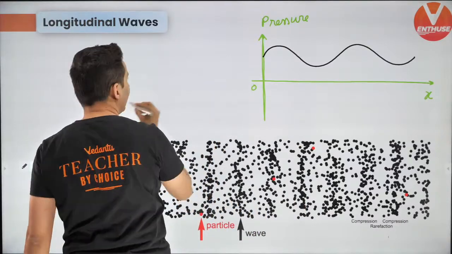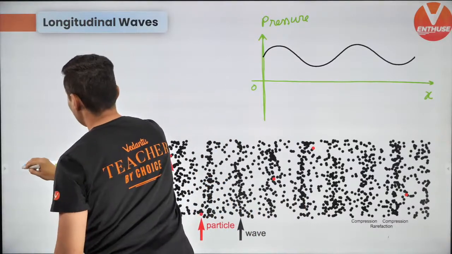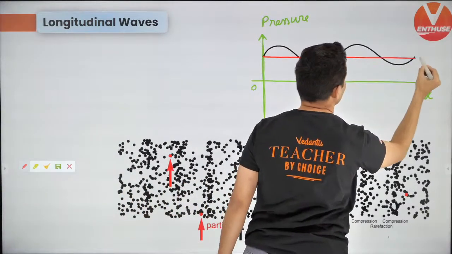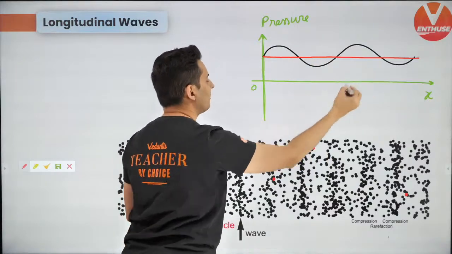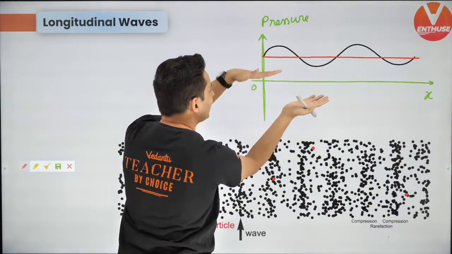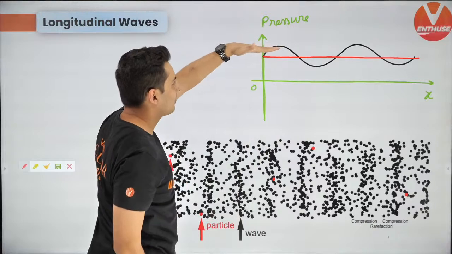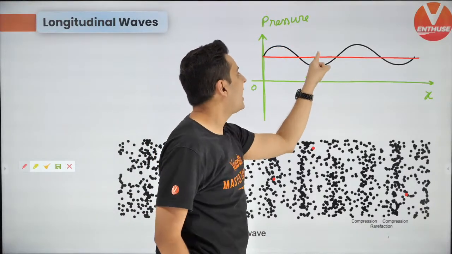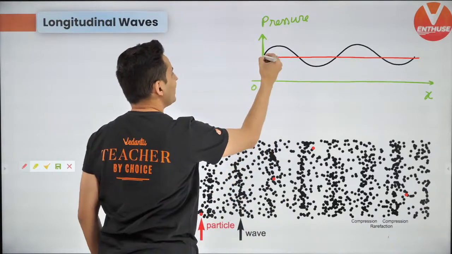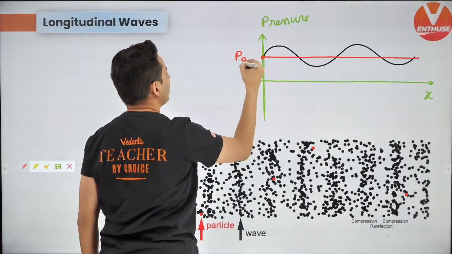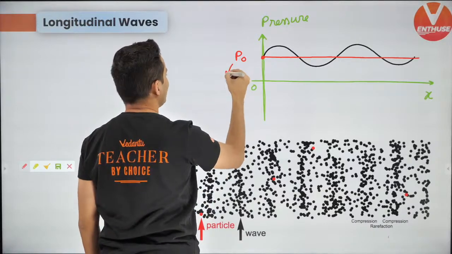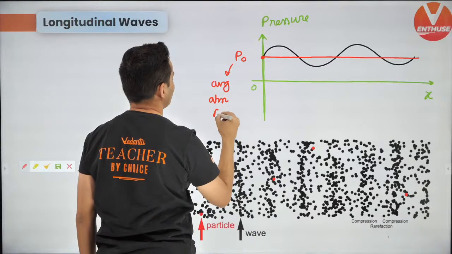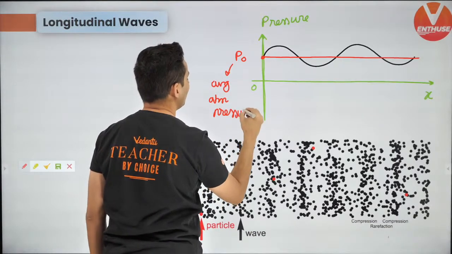Now, very important, if I draw a line like this, it looks like a sine curve to me, as if it has been shifted from here to here. Why is it so? Because this average value of the pressure is actually the atmospheric pressure. Yes, this is your average atmospheric pressure of that particular sound wave.